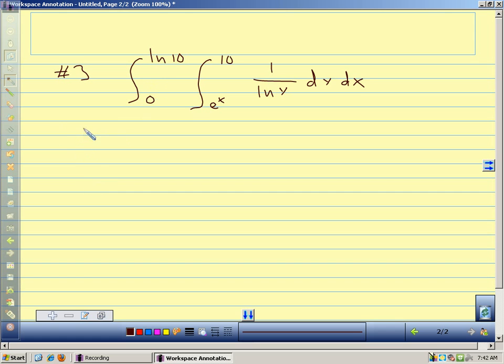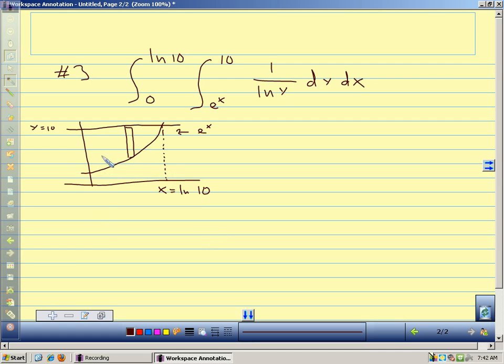So we need to figure out what our region looks like, our region in the xy plane. Y goes from e to the x to 10. So here's e to the x, here's 10. My original integral, my rectangles are this way. X goes up to x equals natural log 10.